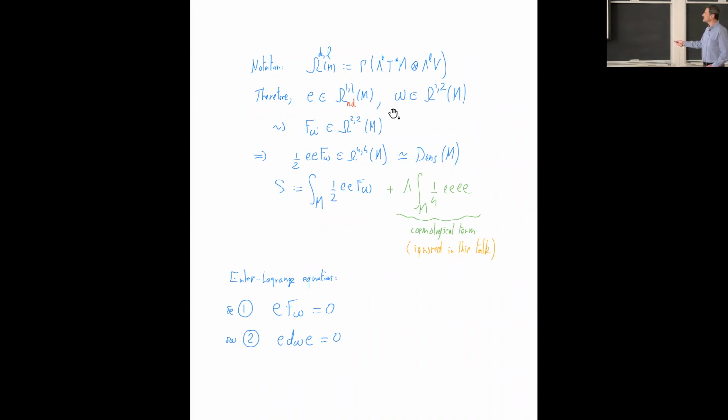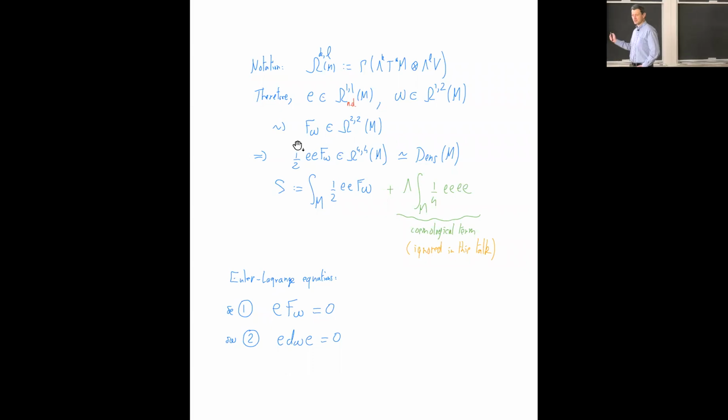So what you can do now is combine E and F all together. You take the wedge product of E with F, and this will be a 4-4 form. The 4-4 form is canonically identified with a density, and so you can integrate it. This is the action that corresponds to Einstein's action in the other formulation.